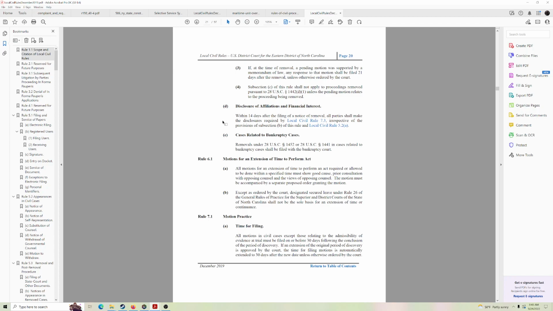D. Disclosure of affiliation and financial interest. Within 14 days after the filing of a notice of removal, all parties shall make the disclosures required by Local Civil Rule 7.3, irrespective of the provisions of subsection B of this rule and Local Civil Rule 5.2(a).